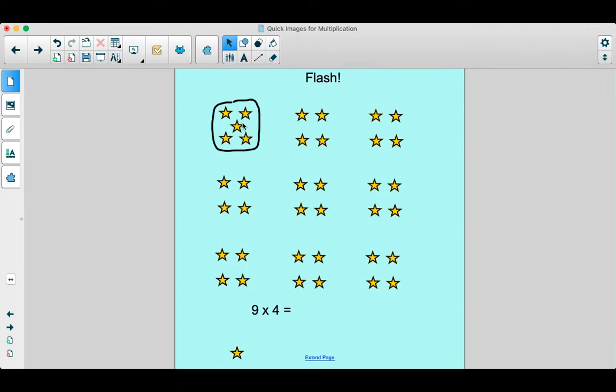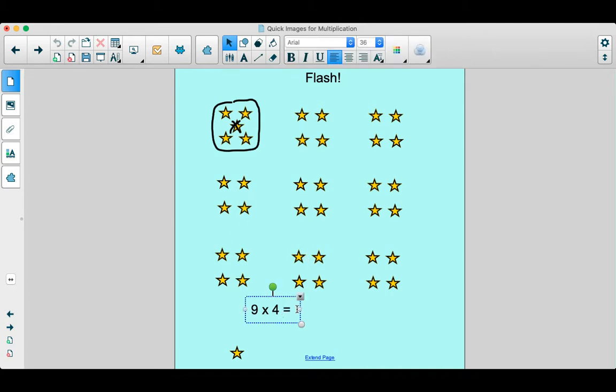Okay, good. If you're like, I could add that back in, like pretend to add it in, right? So it's actually not there, but in your mind, maybe you're like, okay, I'm just going to count them as 5 real quick. 5, 10, 15, 20, 25, 30, 35, 40, 45. But then you're like, I got to take off all those 9 extra stars. 44, 43, 42, 41, 40, 39, 38, 37, 36.